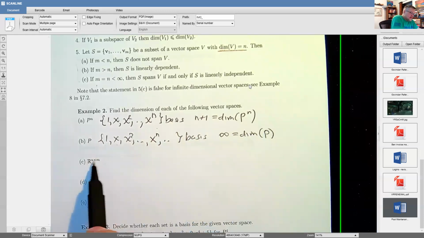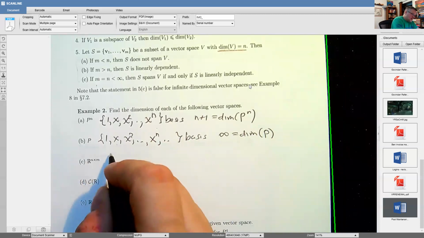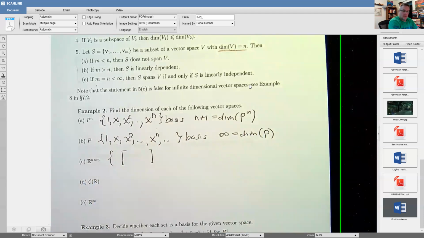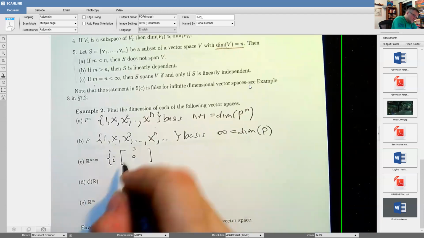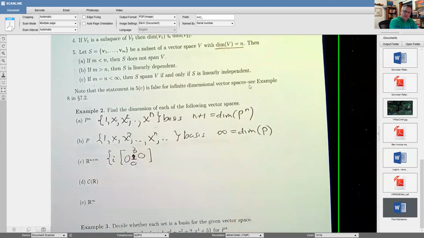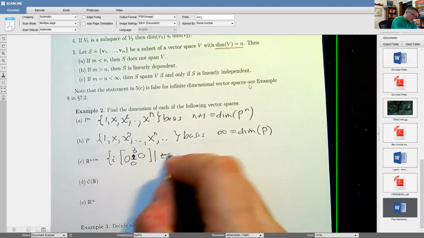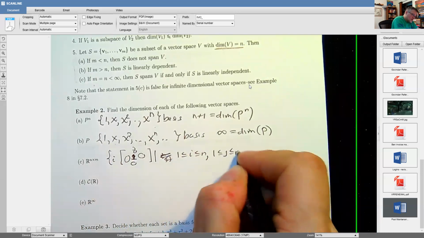If we look at the set of all n by m matrices, the canonical basis there would be, so I'll write it like this. You take a matrix where the only non-zero element occurs at the i, j entry. All right, so that's a 1. Everywhere else you got zeros. And you do that for all i and j. i runs from 1 to n, and j runs from 1 to m.